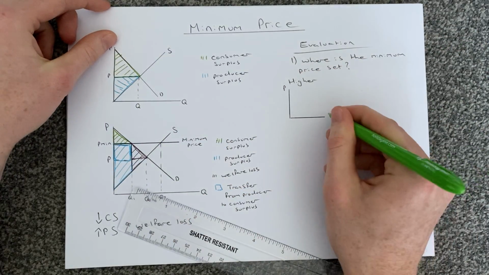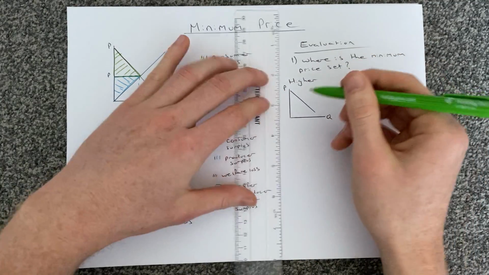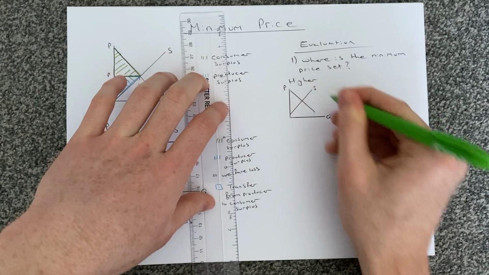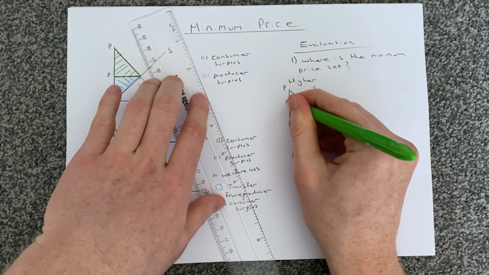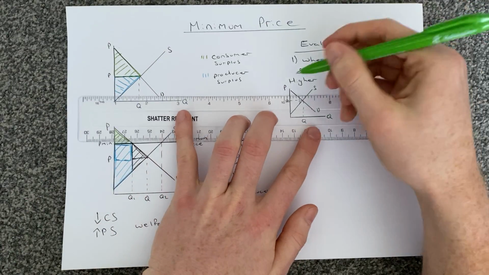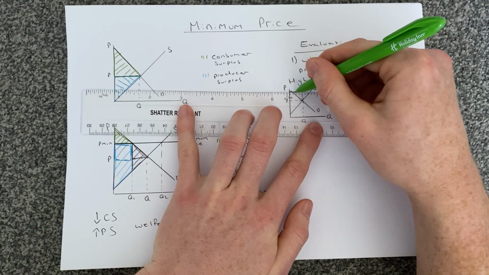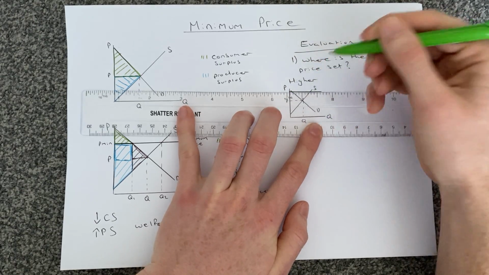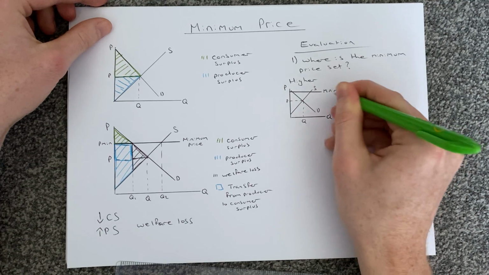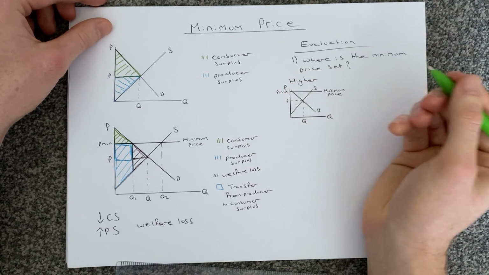So label our axes, price and quantity, add in our supply and demand curves, S and D, label our equilibrium, P and Q, and we'll add in our minimum price. If we're going to make it higher, we're going to make it really, really high, so we're going to go really close to the top. We'll label that minimum price P min.